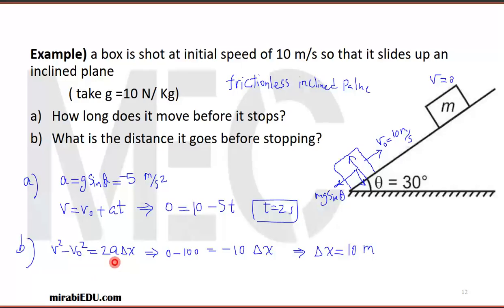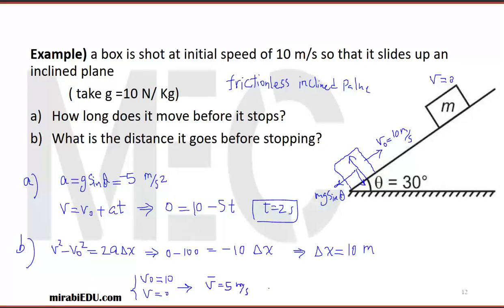Of course, I could solve this part B with several other formulas. Another way to solve it is like this. V0 is 10, V final is 0. So can I find the average velocity? Yes, the average velocity will be 5 meters per second.